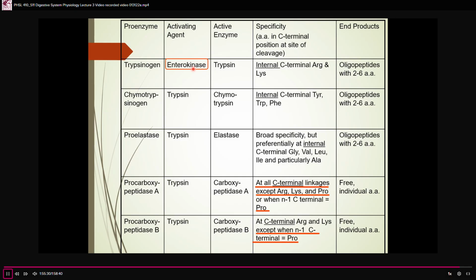Its active site is looking out into the lumen, and it's specifically looking for trypsinogen, because it binds trypsinogen and causes it to undergo a cleavage reaction that converts trypsinogen into trypsin. And we said the importance of that is that once the trypsin is formed, that is the enzyme that will convert all of these other inactive zymogens to their active forms. So this is just reiterating that point.